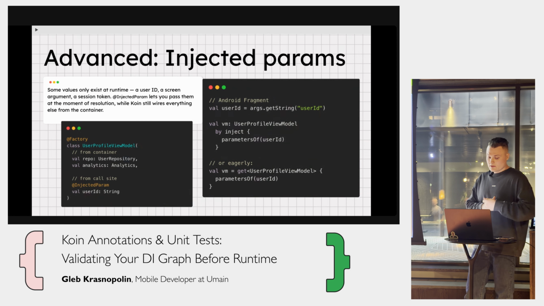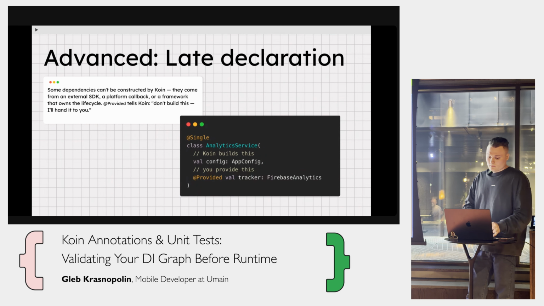Injected parameters. Some values only exist at runtime: user ID, screen argument, session token, and the annotation @InjectedParam lets you pass them at the moment of resolution, while Koin still wires everything else from the container. In this particular case, it's user ID, and you then inject it at runtime.